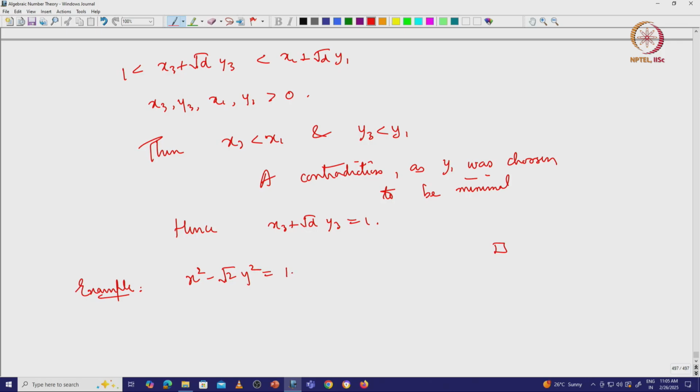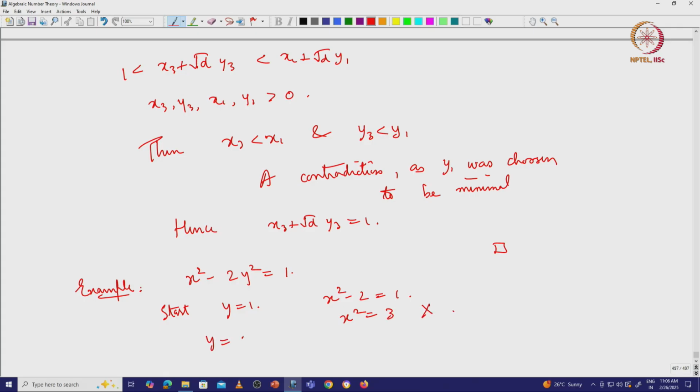So what we do is we start with y is equal to 1, and you get x squared minus, why do I keep writing square root of 2, I do not know, sorry, there should be 2. So minus 2 is equal to 1, so x squared is equal to 3, and this has no solution.